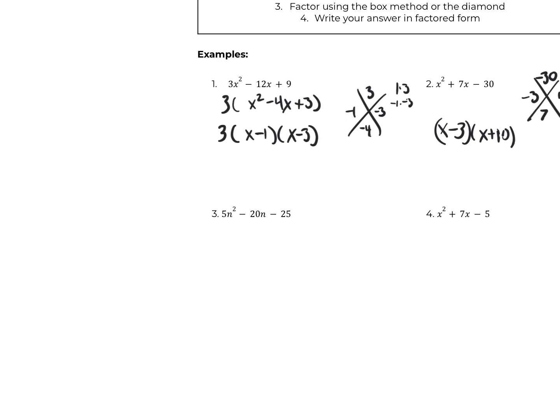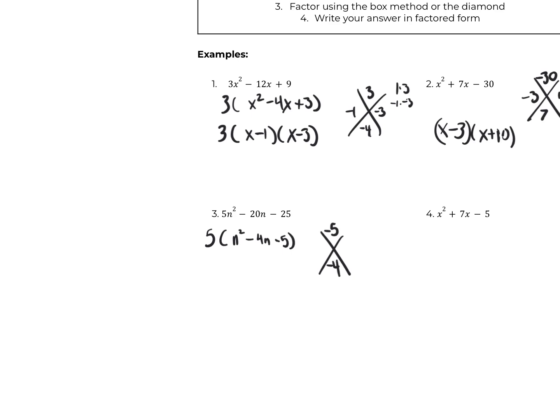All right, moving on to number 3. Looking for GCF first, I can pull out a 5. Leaves me with an n squared minus 4n minus 5. All right, we're going to make our x. So we got a negative 5 on top, and we got a negative 4 on bottom.